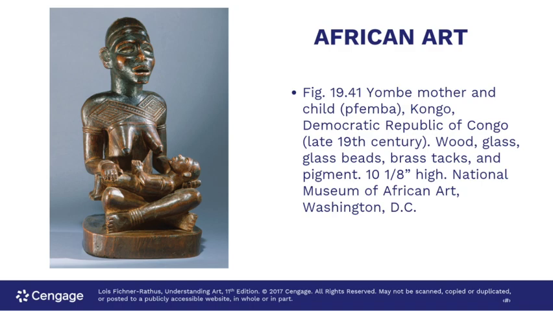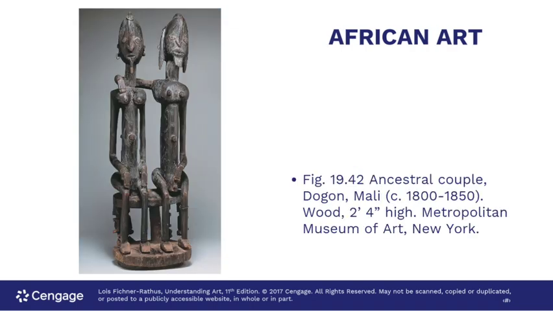It is a woman who has some body scarification across her chest area, but she's also wearing jewelry, and she's sitting cross-legged with an infant in her lap. And she is most likely representing an important maternal ancestor. So this would be a figure that, once again, would be used to honor ancestors and spirits by the people that had it commissioned.